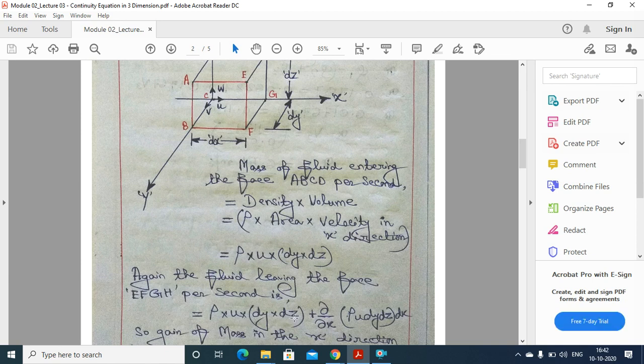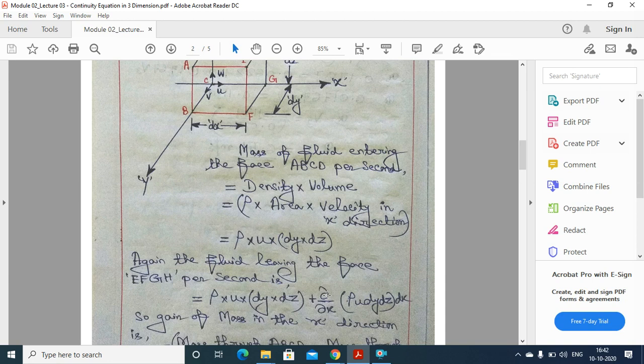That is the amount of liquid which is entering, and that liquid will be leaving through the face EFGH, and along with this, del x into rho into u into dy into dz into dx, that amount of liquid should also leave through this EFGH face.